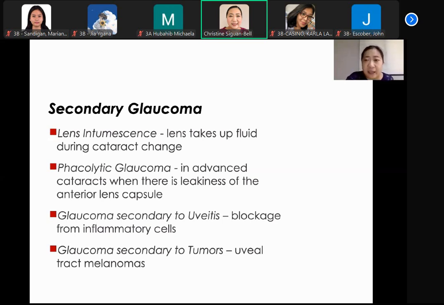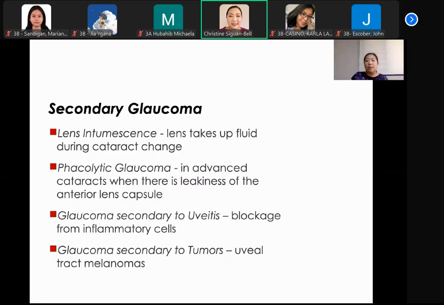There's also phacolytic glaucoma, which is an open-angle type of glaucoma, also due to advanced cataracts. When the cataract becomes very advanced, the anterior lens capsule becomes leaky and lens material will seep out of it and go into your trabecular meshwork. It will cause phacolytic glaucoma.